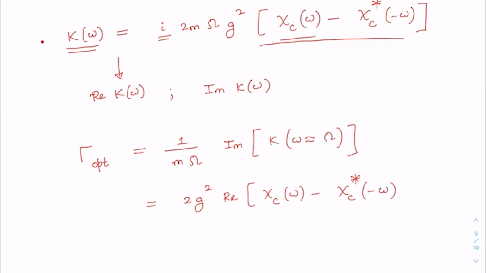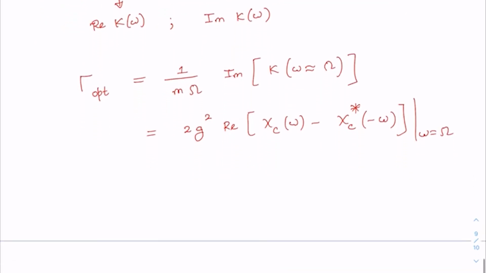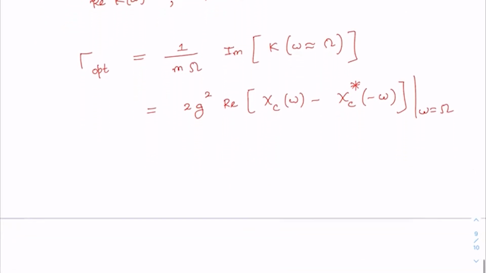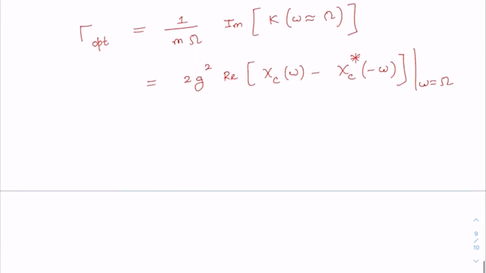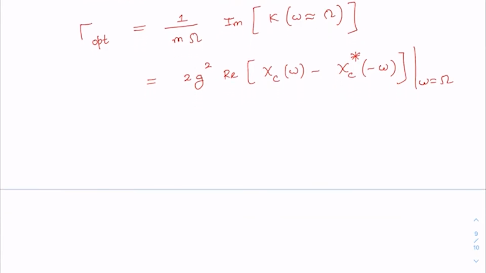In fact, of course, we have to take omega is equal to capital omega. If we do that, and this is simple algebra, I urge you to do it, otherwise we'll do it in the problem solving session, you will get the expression for the optomechanical damping parameter as this one. It would be z square kappa, and a very nice expression you will get by simple algebra.